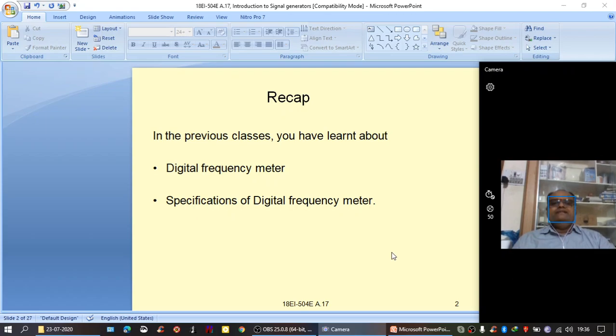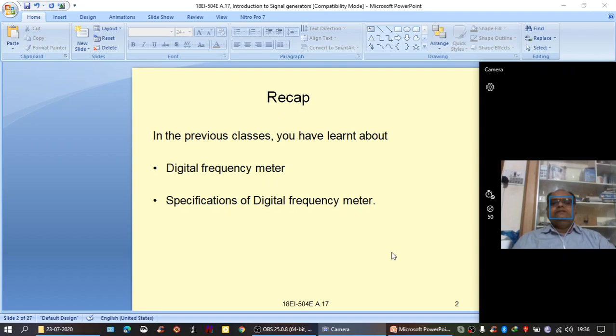It mainly consists of an oscillator circuit which provides a gating pulse to an AND gate, and the other input to the AND gate is the unknown frequency signal.